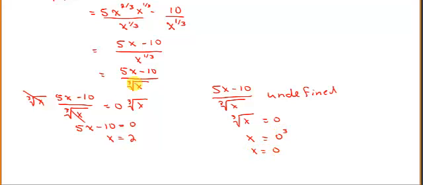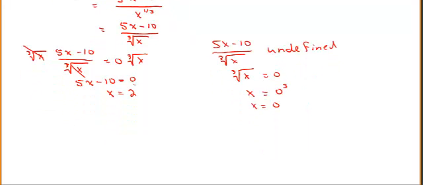So this is undefined when x is equal to 0. So I have two critical points. I'm sorry, I should say the critical points are x is equal to 0 or 2.